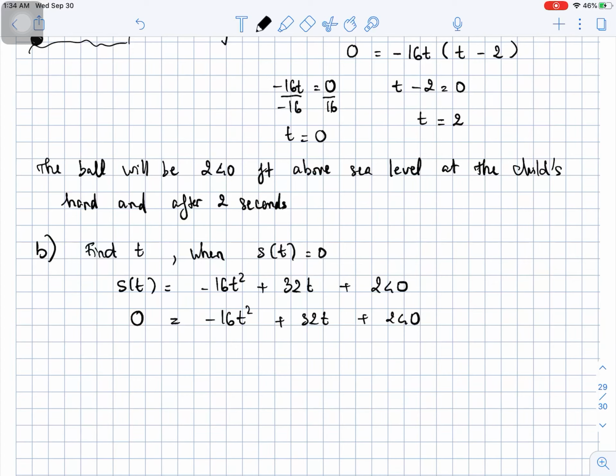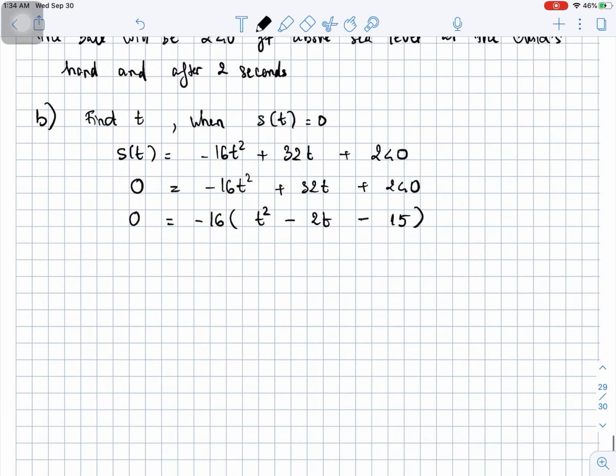We see that in this problem 16 goes into 16, 16 goes into 32, and 16 goes into 240 15 times. We will factor out the GCF 16 and the negative 16 also. So we get t squared, 2t, and 15. The t squared will be positive, 2t will be negative, and 15 will be negative.